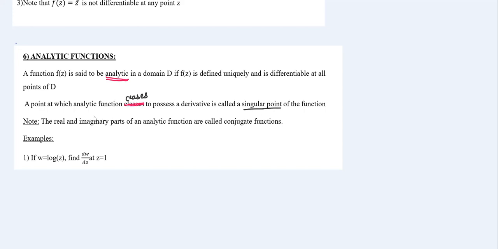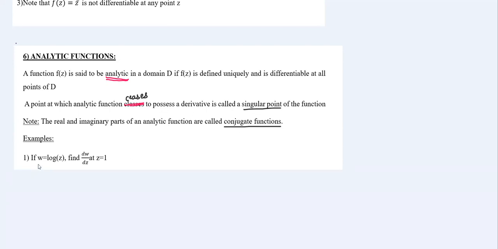So within the domain, if there is a point at which a function is not differentiable, it is called a singular point. Real and imaginary parts of analytic functions are called conjugate functions. So these are some definitions. Now let us examine some analytic function.